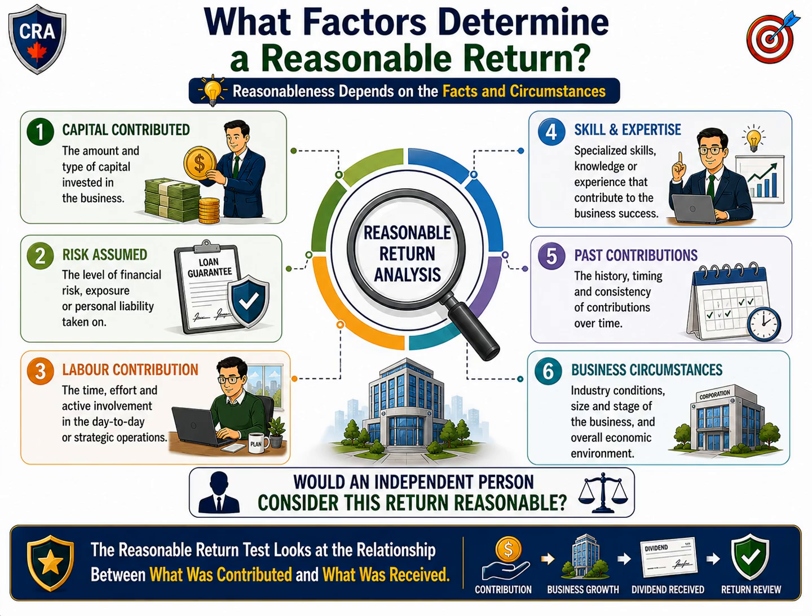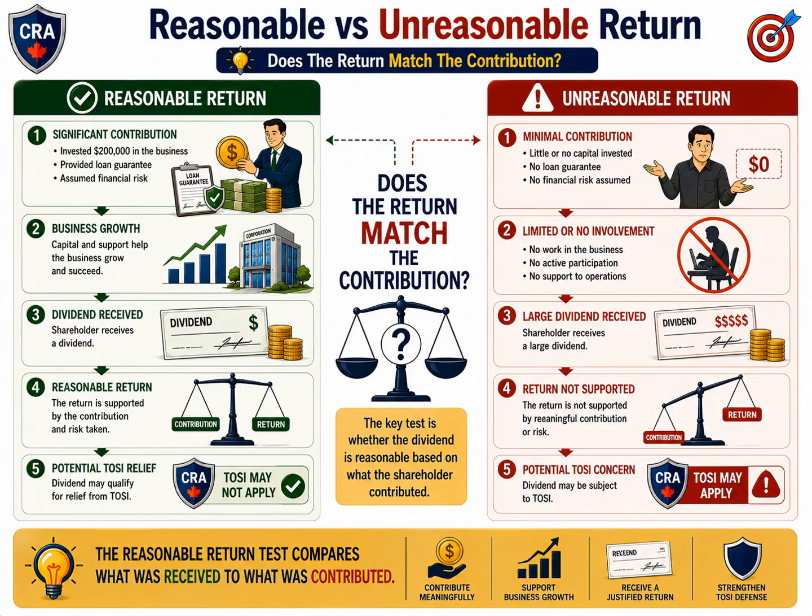The key takeaway from this slide is that reasonableness is determined by examining the complete picture: capital, risk, labor, expertise, past involvement, and business circumstances all work together to help determine whether the return received is justified by what the shareholder contributed. The reasonable return test ultimately comes down to a simple but important question. Does the return received by the shareholder match the contribution that shareholder made to the business?